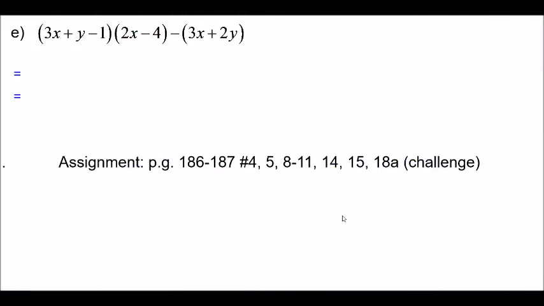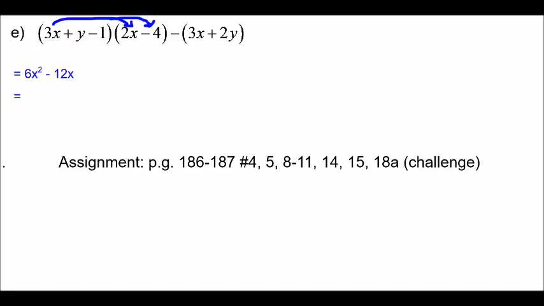In our last example, we have 2 polynomials that are multiplied together. And then the new thing that has shown up is we have this minus sign, and we're going to subtract this third polynomial. Now, as I go through this, I'm going to start by multiplying my 3x by my 2x, and then I'm going to multiply it by my negative 4. When I do that, I'm going to get this first set of terms, so I'll get 6x squared minus 12x.